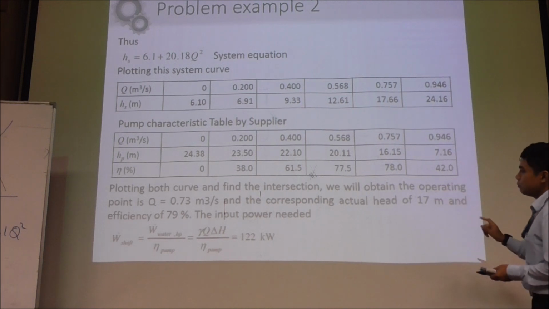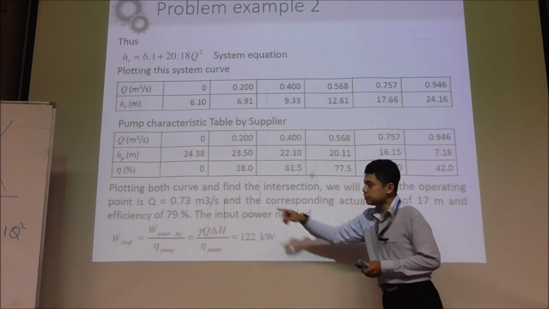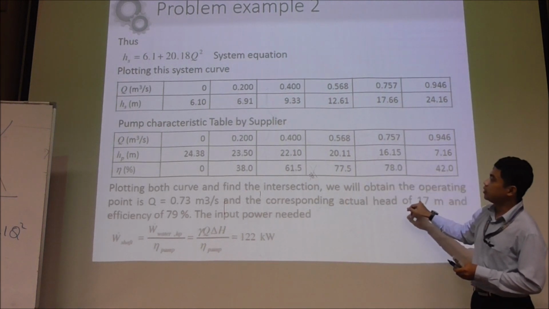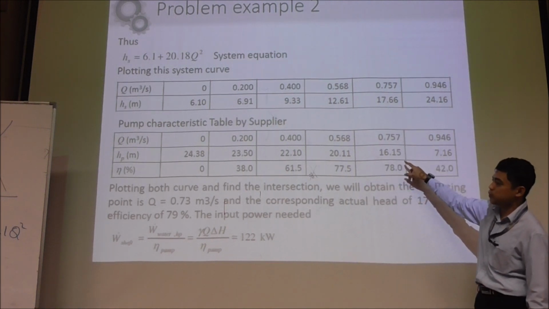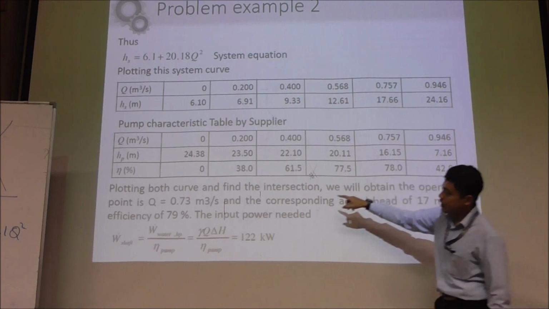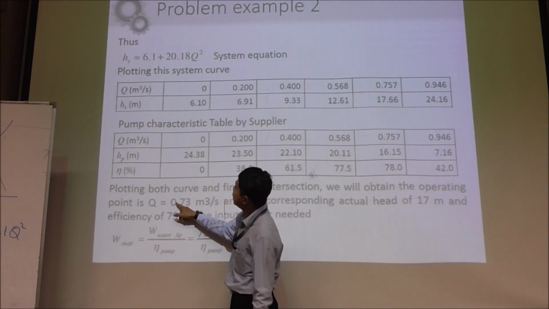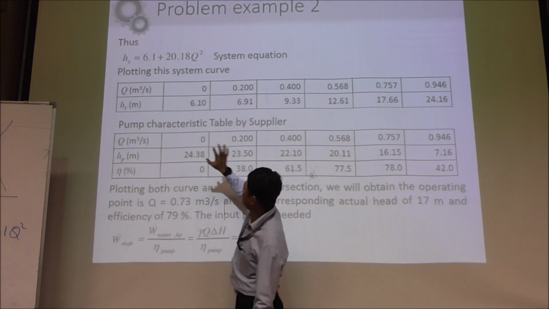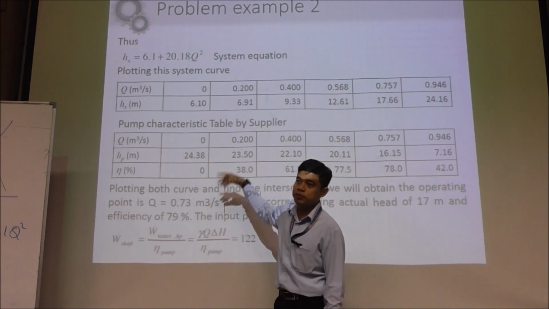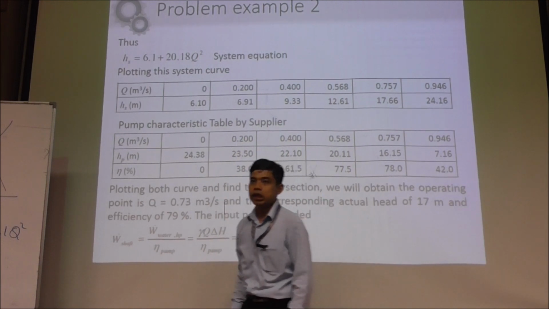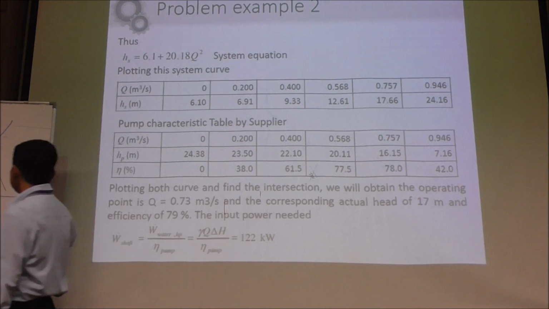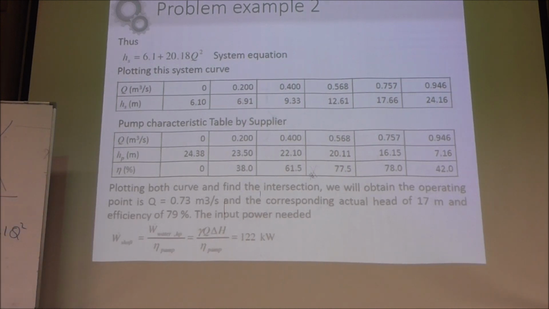Okay, once you get the operating point, in this case the Q is 0.73. So how do you get the corresponding head? If you get this 0.73, you use those equations, or the equation from here, it has to be the same. At the operating Q, HS is equal to HP.